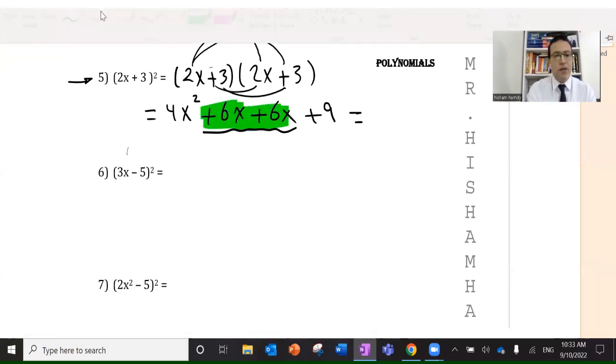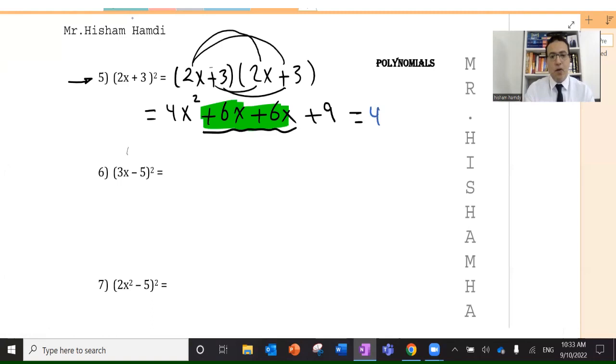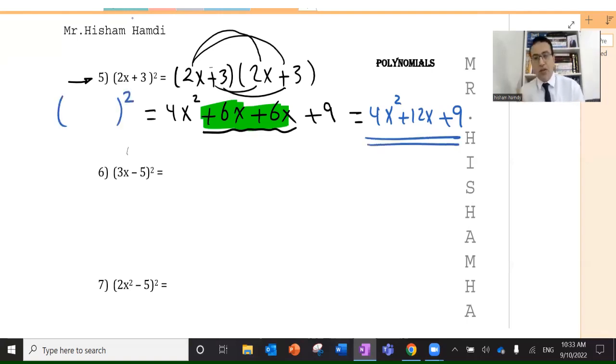So the final answer is 4x squared plus 12x plus 9. Notice that any bracket to the power of 2 should give 3 terms. Now I'm going to pause the video for 2 minutes, and you try to solve question 6 and question 7.